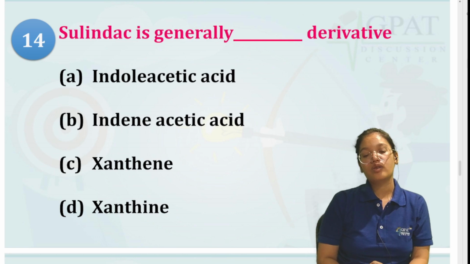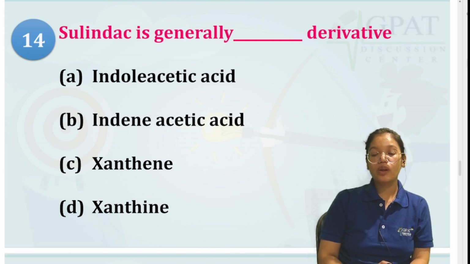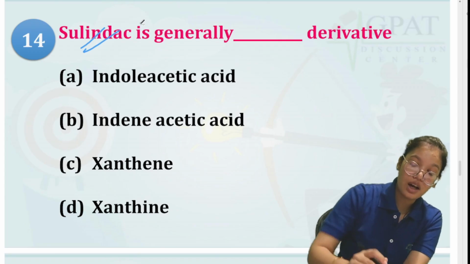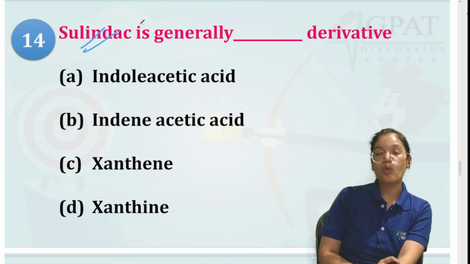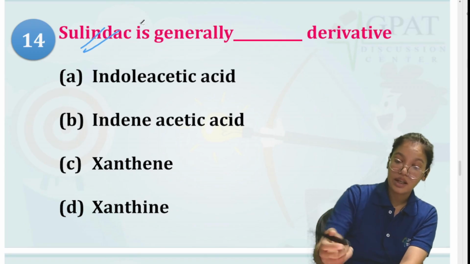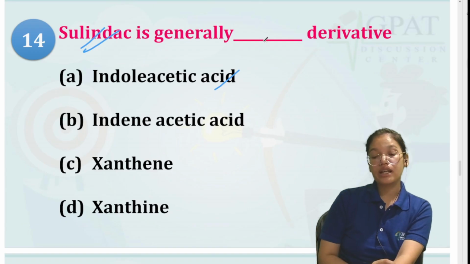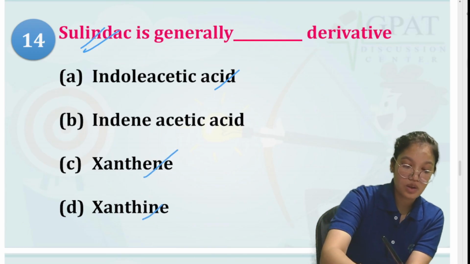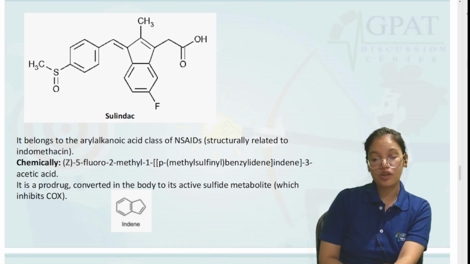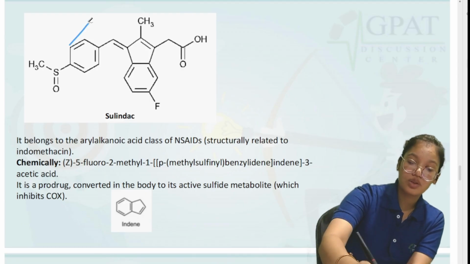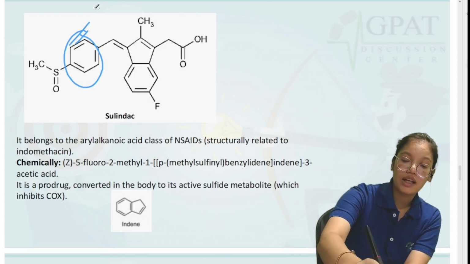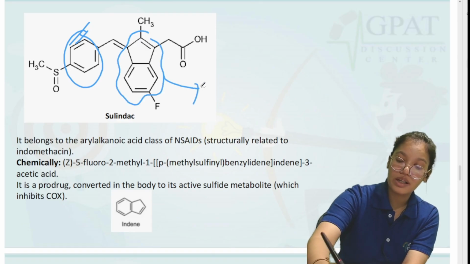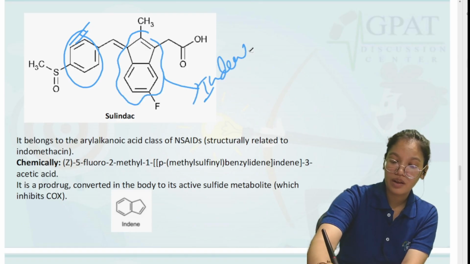Okay. Now the 14th question again: Sulindac is generally a dash derivative. Sulindac is the drug, and they are asking what particular derivative it is. Is it an indole acetic acid, indene acetic acid, xanthine or xanthin? Let's look at the structure first. This is the structure of Sulindac, and here we have a phenyl ring plus a fused ring, and this fused ring is called indene.